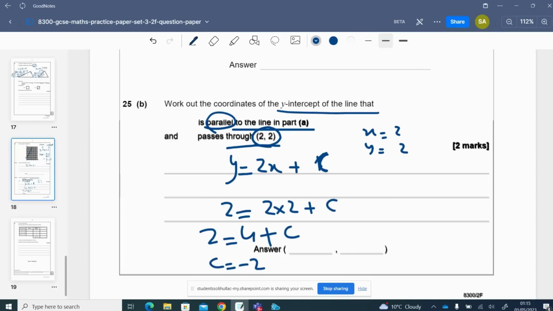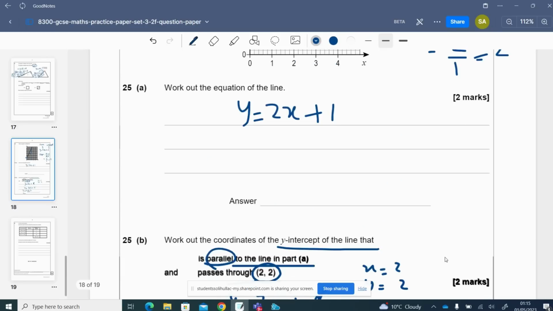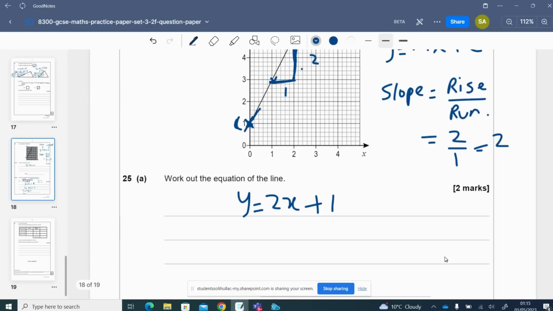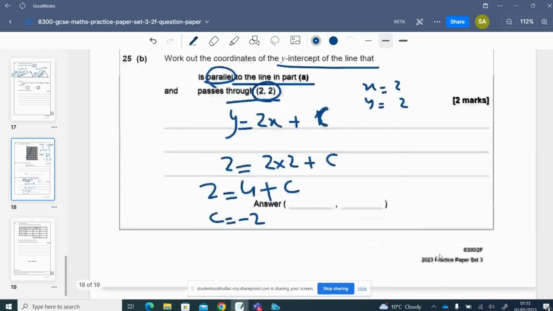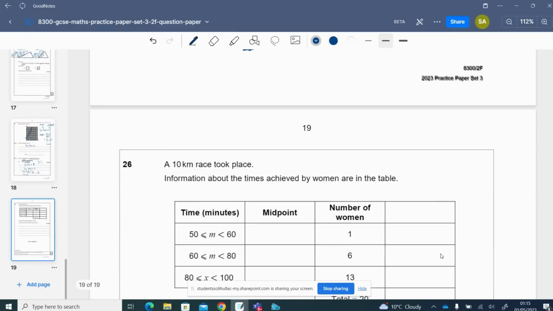So your point where it meets the y-axis, always remember when it meets the y-axis, the value of x here is always 0. No matter where the point where it meets, the value of x will always be 0 for the y-intercept. So this value must be 0, and then we know c equals -2, so this point will be (0, -2). So these are the coordinates of the y-intercept of the line.